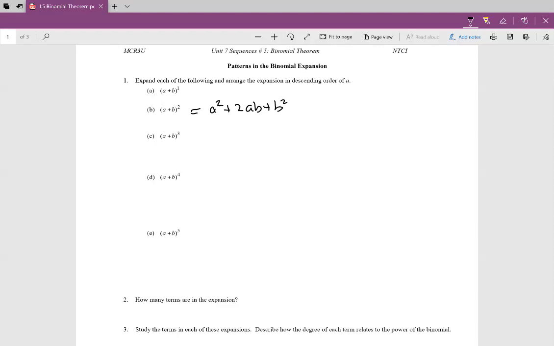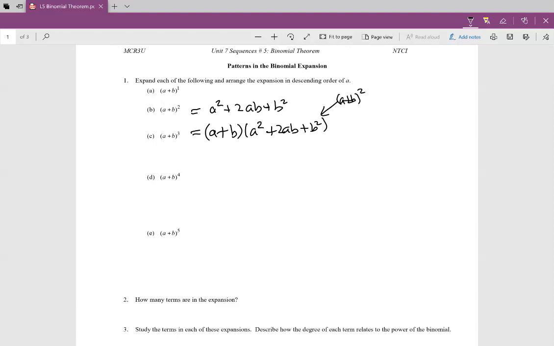Now, questions C, D, and E, we really haven't done these ones before because they're higher order. Question 1b is a quadratic, so it's a perfect square, and it's all good. The third one, 1c, is a cubic. The way to expand this traditionally is a plus b times a squared plus 2ab plus b squared, and the reason you know this is because this is actually a plus b all squared.